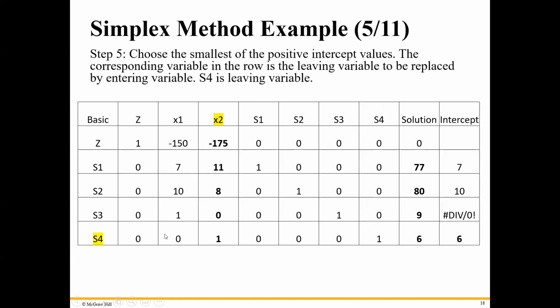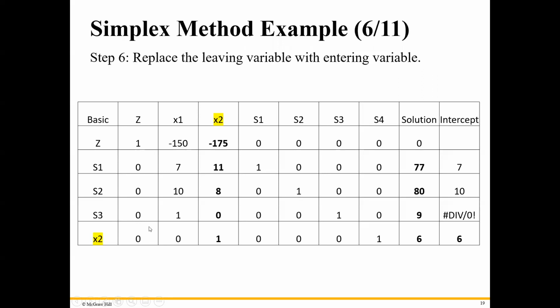So here I can see that in this step we have chosen S4 as the leaving variable, because it corresponds to the least positive value of this final ratio, which we call the intercept.